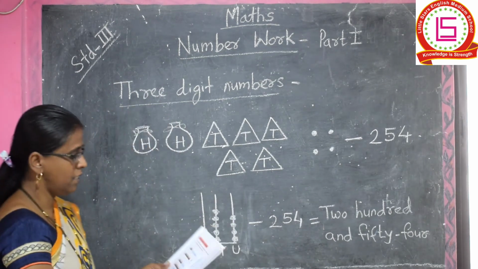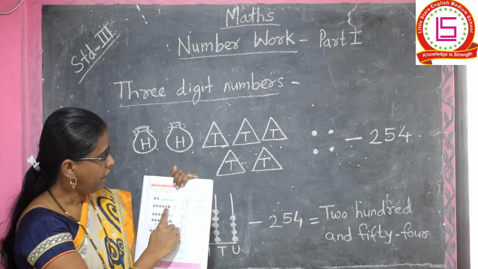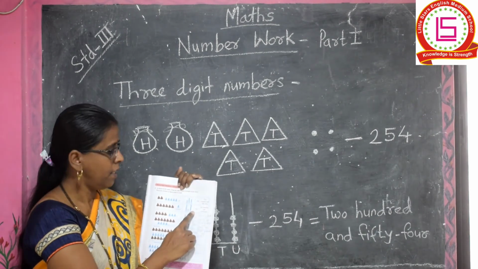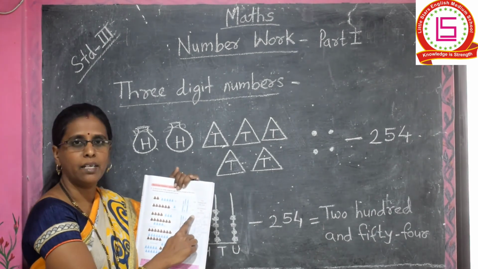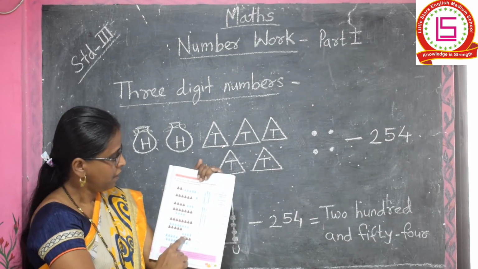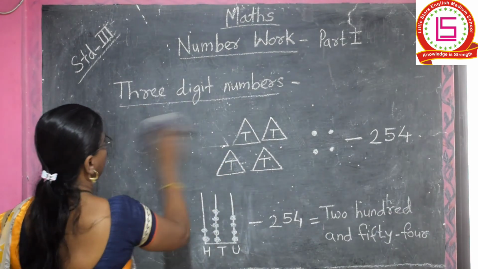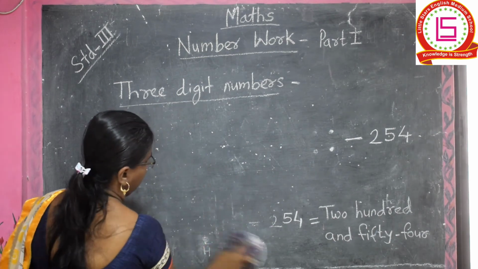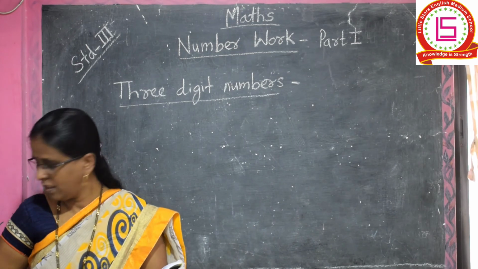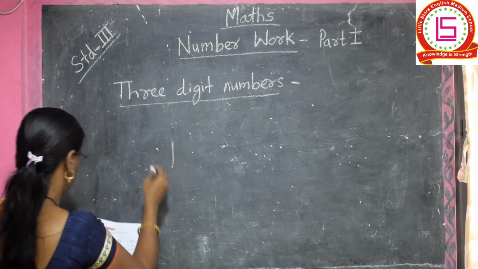Then see, like this you complete this table. First write how many hundreds are here, then tens and units, and after that the number in figure and the number in words. Take one example, then you can easily write these tables.